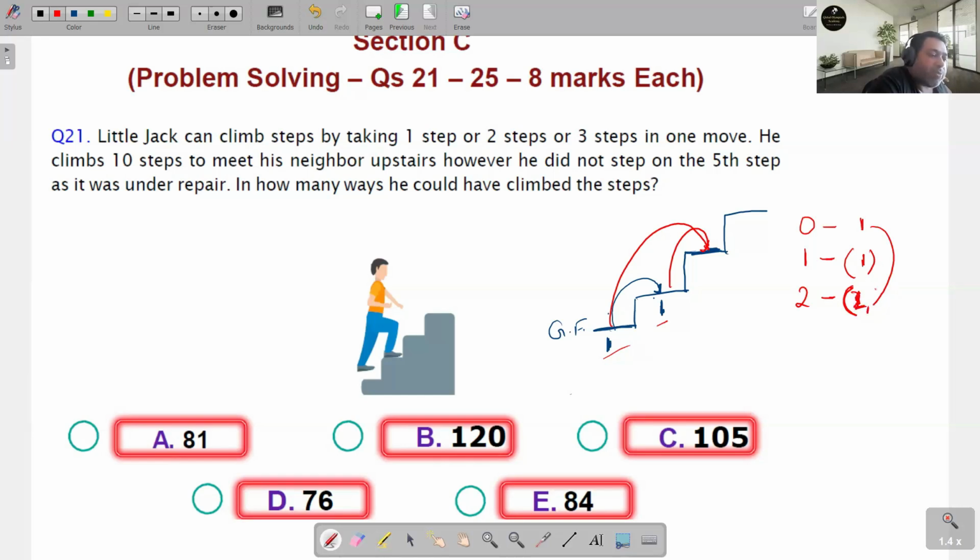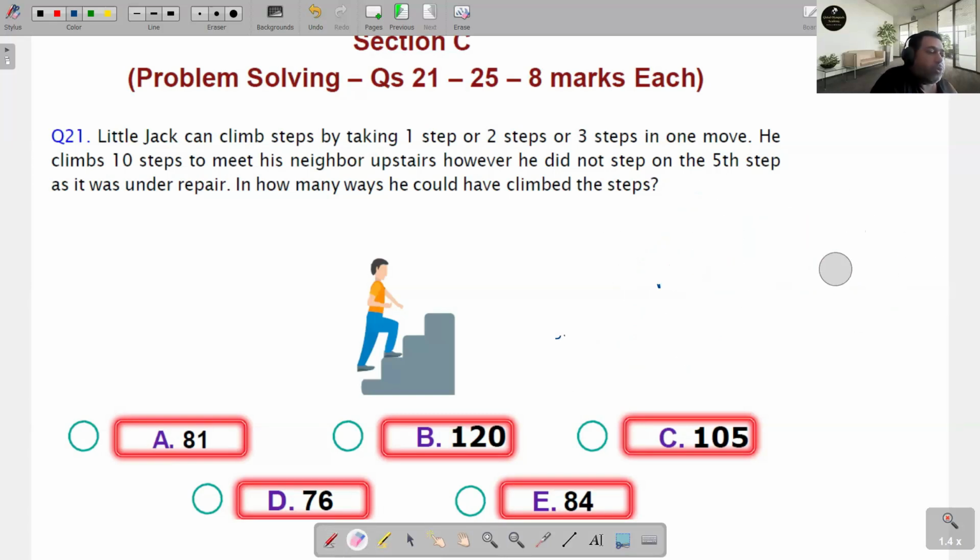Or you're taking a 1 step from here, 1 plus 1. Similarly, at the third step, there are 2 ways to reach the previous step. Now you've reached in 2 ways here, and from here to here you can come by taking 1 step, or you can come from here by taking another step, or you can take a direct jump from here. So one way is this one, then from here is also one way, and this is 2 times one way. So you add all 3, you get 4 ways, right? So basically, this will work like a Fibonacci series because you have 3 options here. So that's what you need to do to get to a particular nth step.